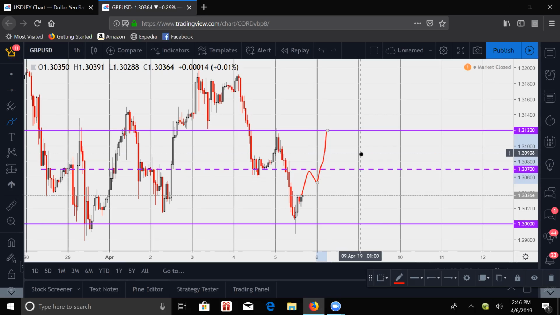Don't know yet. Obviously we won't know until it comes to this area and we see how price reacts. But that is just my thoughts on it so far.